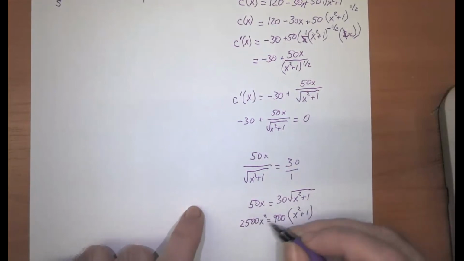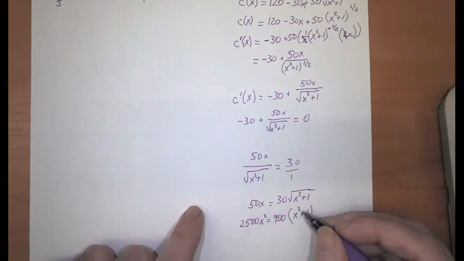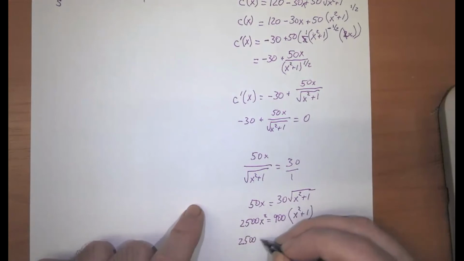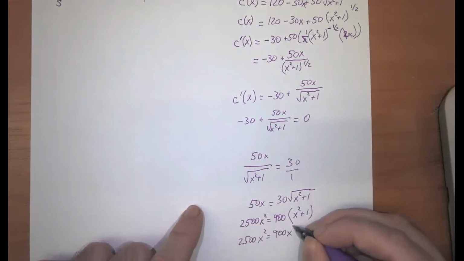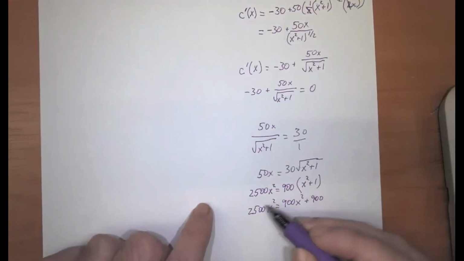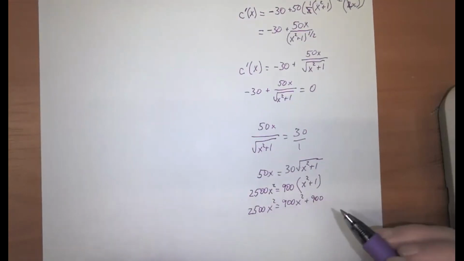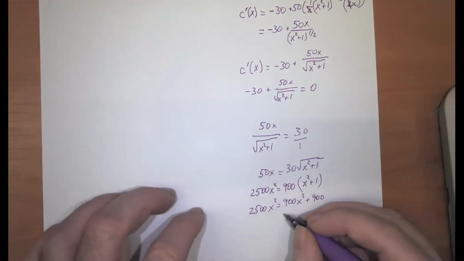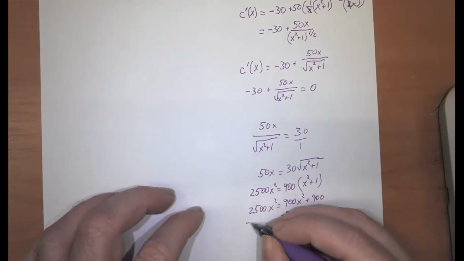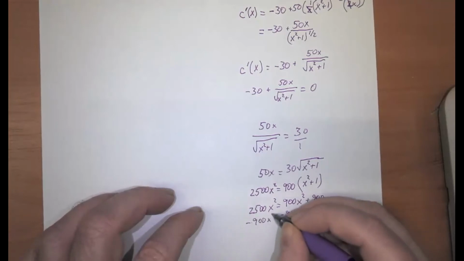All right, well, now we can use the distributive property to clear out these parentheses. So 2,500x squared is equal to 900x squared plus 900. And this is starting to look like something that we can solve for x. So it's really nice that x squared is our only variable.